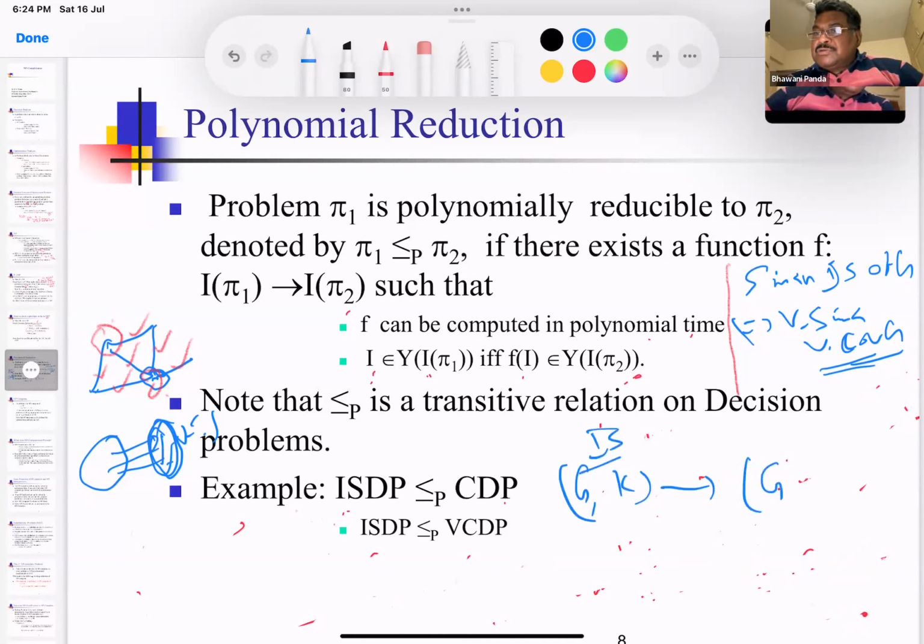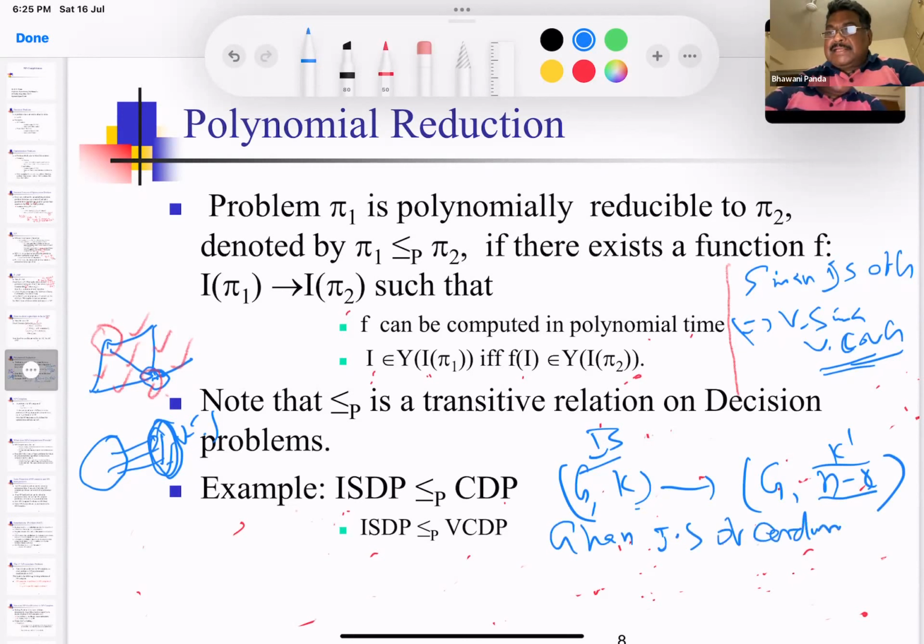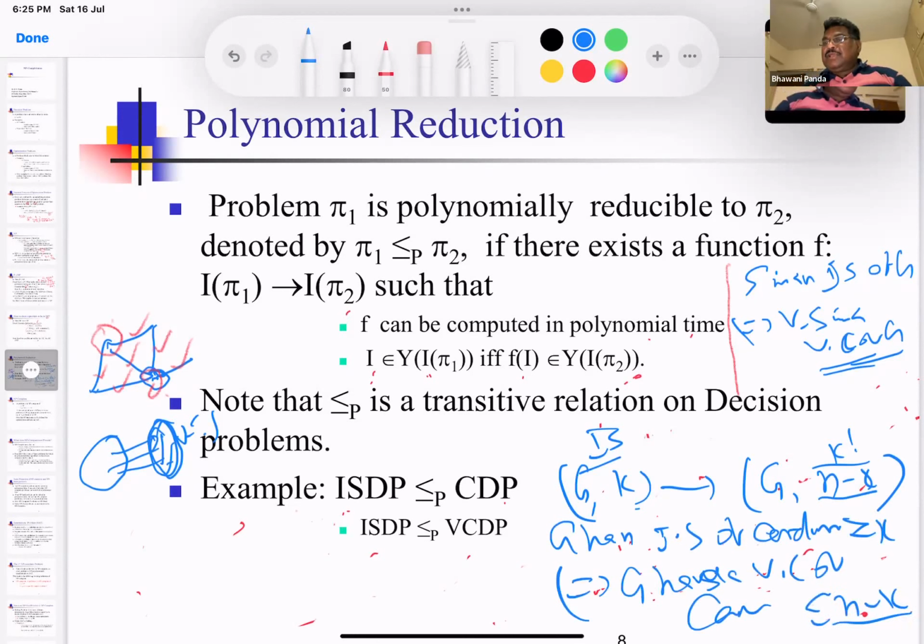So we construct G and N minus K. My K dash is this N minus K. So G has an independent set of cardinality greater than or equal to K if and only if G has a vertex cover of cardinality less than or equal to N minus K. So that is K dash, right? So I need not have to do anything. Given the graph, I produce the same graph, and instead of K, I take N minus K.